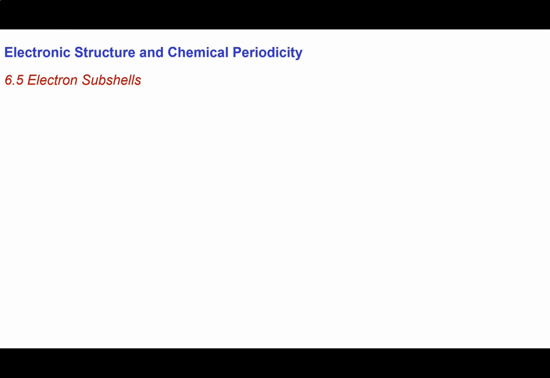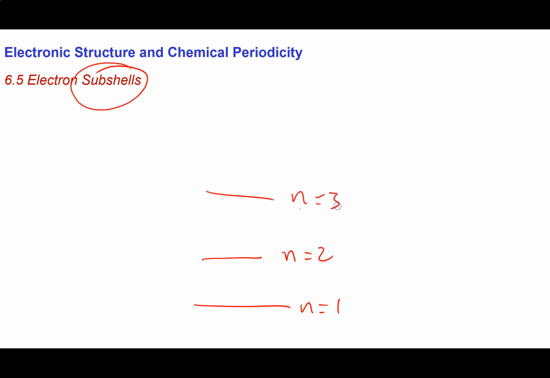So within shells, we have these things called subshells. Now remember, as we go from n equals 1, n equals 2, n equals 3, as we increase the shell number, these guys get bigger. The shells get bigger, the layers get bigger, so we would expect more subshells.